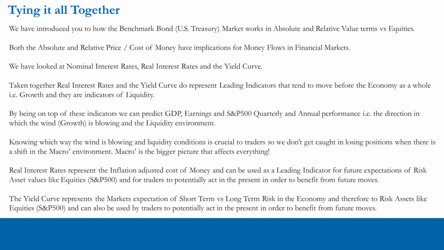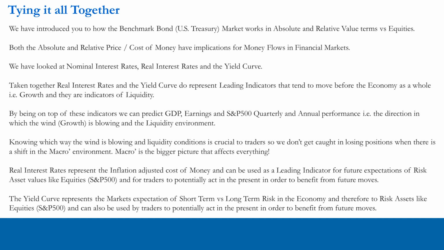Real interest rates represent the inflation-adjusted cost of money and can be used as a leading indicator for our future expectations of risk asset values like equities, like the S&P 500, and for traders to potentially act in the present in order to benefit from future moves in financial markets. Moving on to the yield curve.